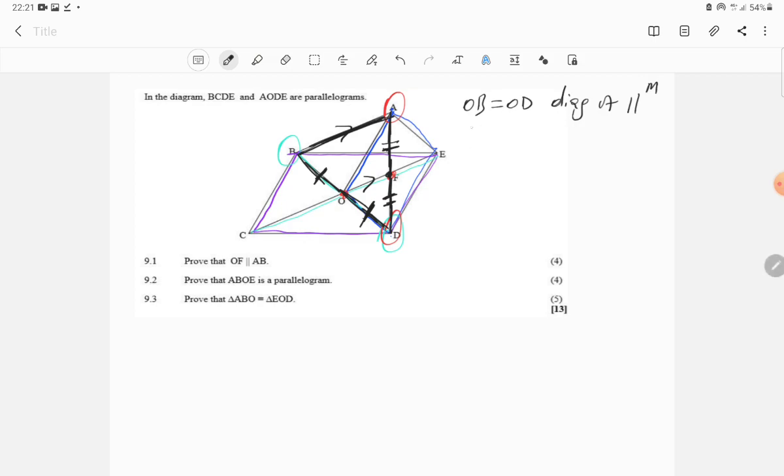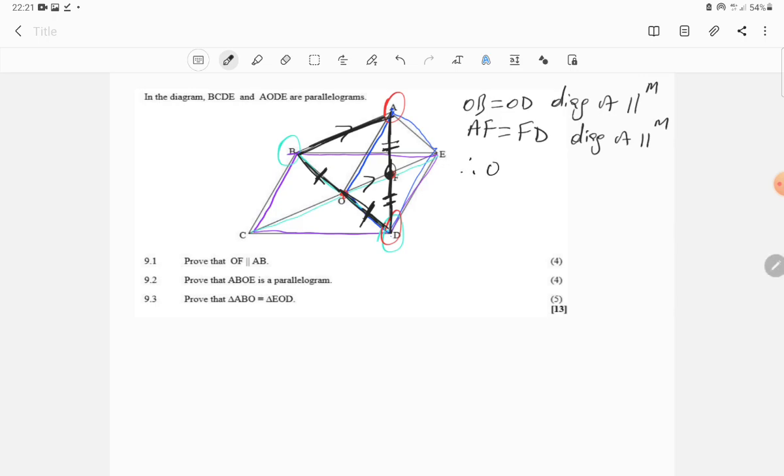Then AF is equal to FD. This F is the midpoint of the diagonal AD, which means these are diagonals of a parallelogram, and diagonals bisect each other.